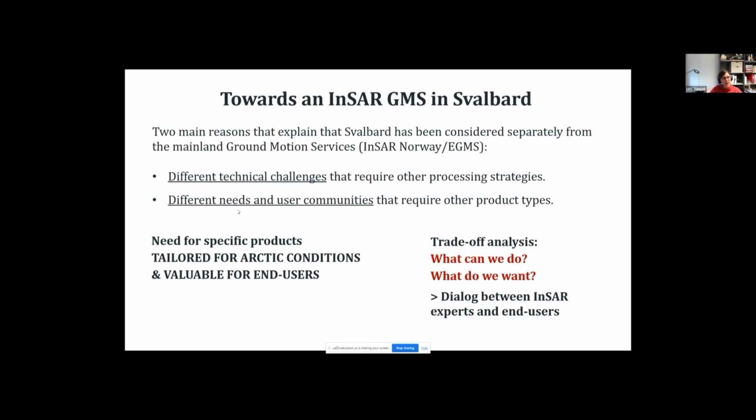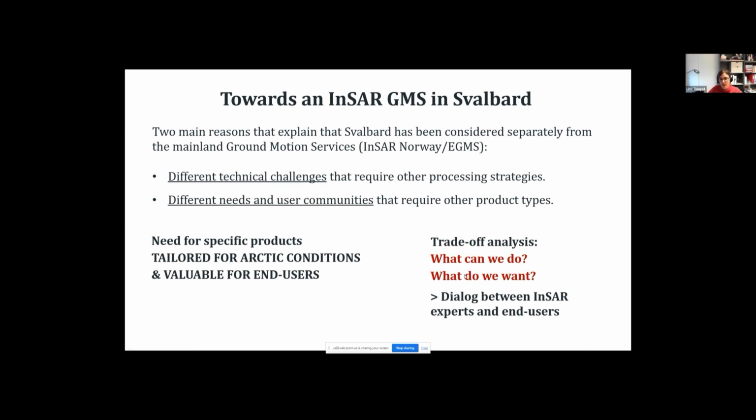So basically, we need products tailored for Arctic conditions and valuable for end users, which sounds a bit obvious, but that's a bit of a trade-off analysis. Basically, what can we do and what do we want? And sometimes it's not the same, so we will have to make choices. But obviously, we aim for having something that makes sense for the end users.